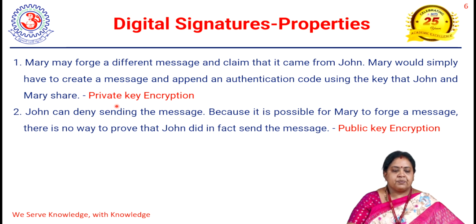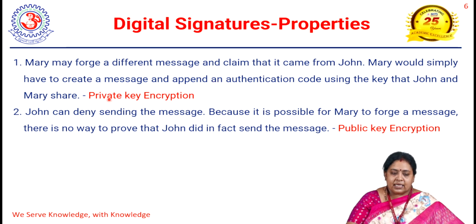In private key encryption, John and Mary share the same key. Whatever key is used by John is also used by Mary. So Mary can frame a different message and claim that it has come from John, and there is no other way to prove that it has not come from John.